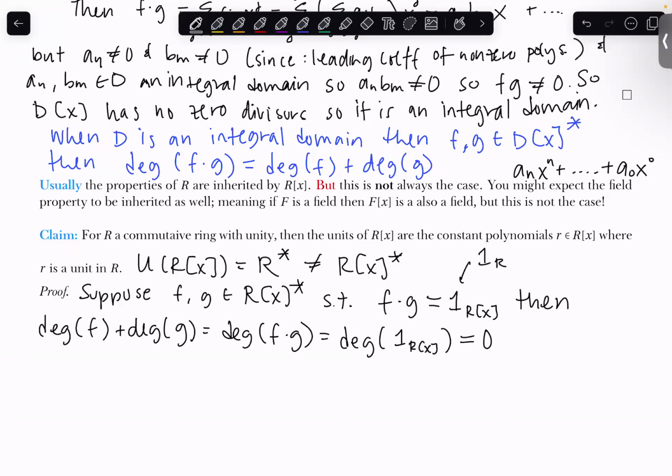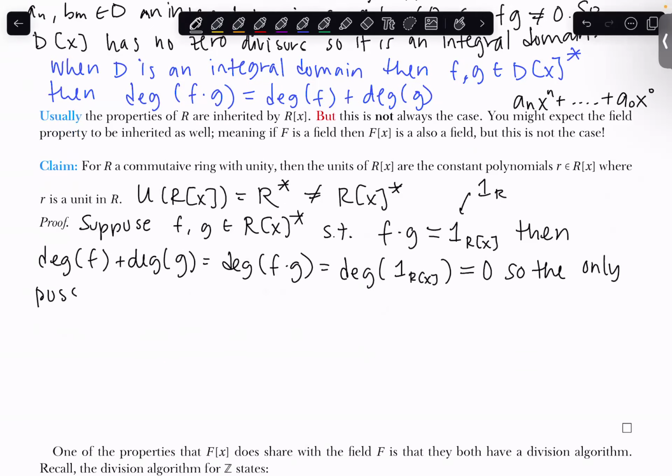Okay, so here, the only possibility is that the degrees are equal to each other and that they're equal to 0. The only polynomials of degree 0 are our constant polynomials.